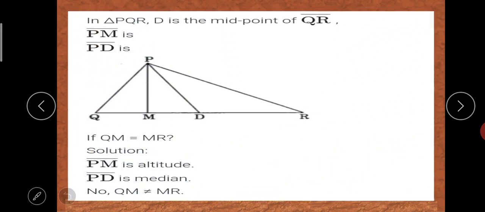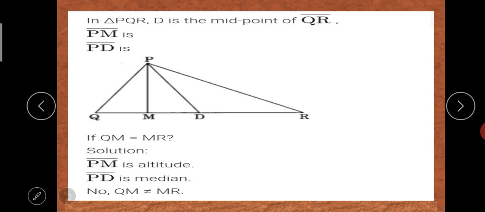See the first question. In a triangle PQR, D is the midpoint of QR. I will repeat again. In a triangle PQR, D is the midpoint of QR, then PM and PD are what? If QM equals MR, how do we find it?